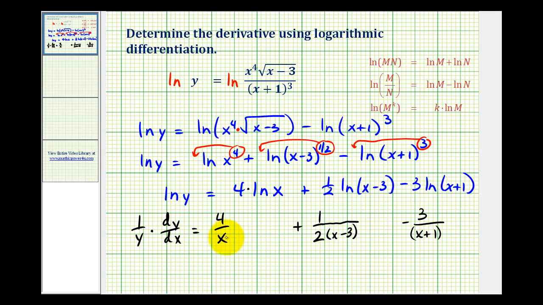Now the next step is going to be to add these fractions on the right side. So we have to obtain a common denominator, which will be 2x, x minus 3, and x plus 1. So we need to multiply this fraction by 2, x minus 3, and x plus 1 on both the top and bottom. We'll have to multiply the top and bottom by x times x plus 1 for this fraction.